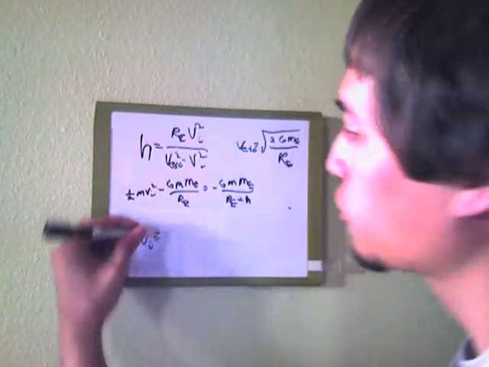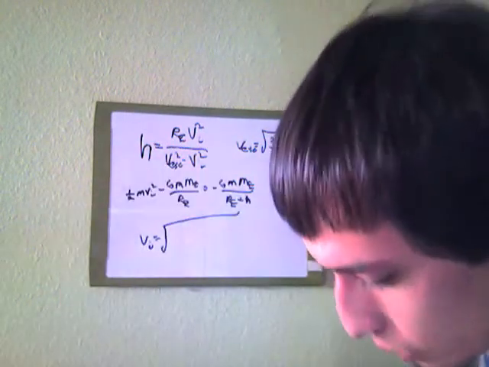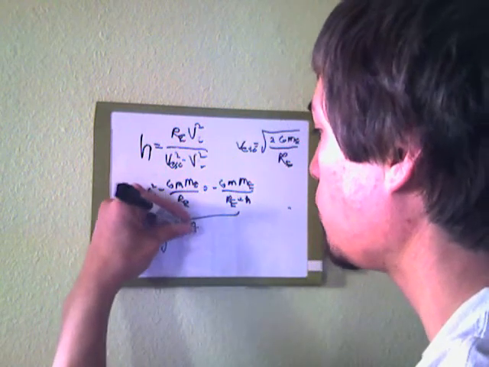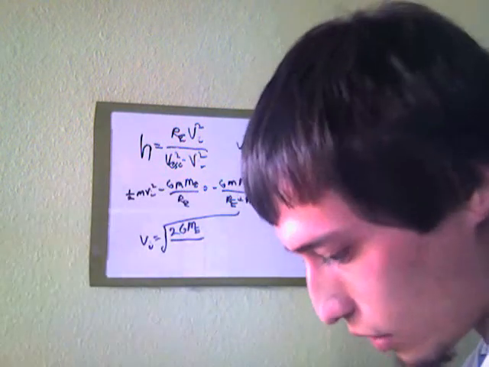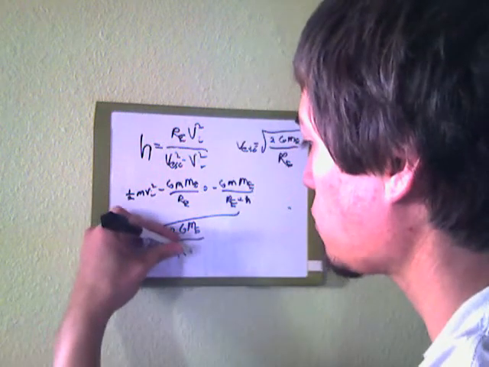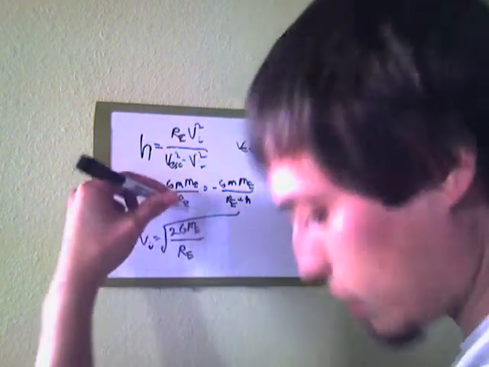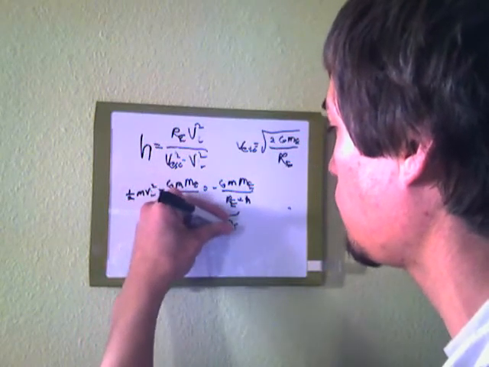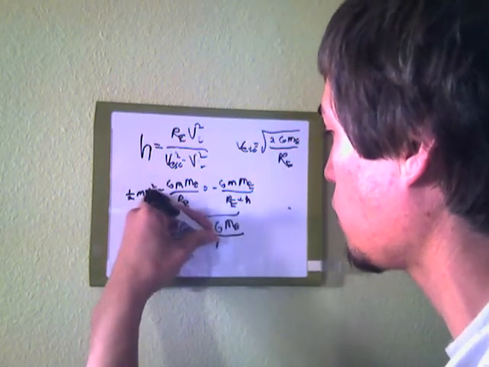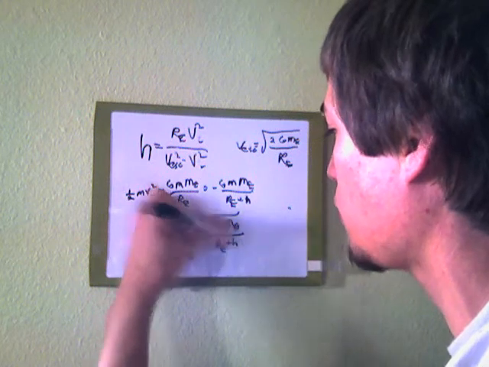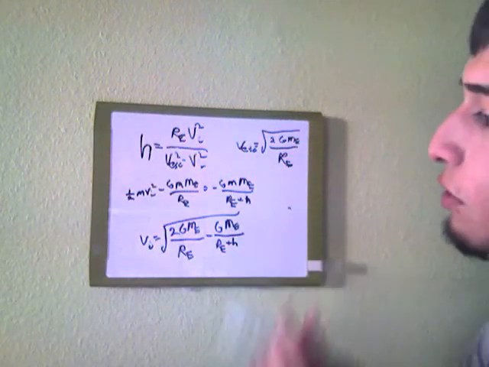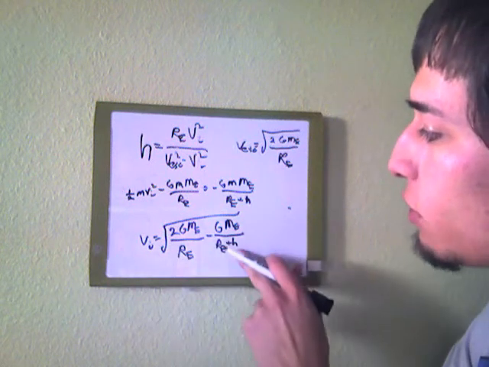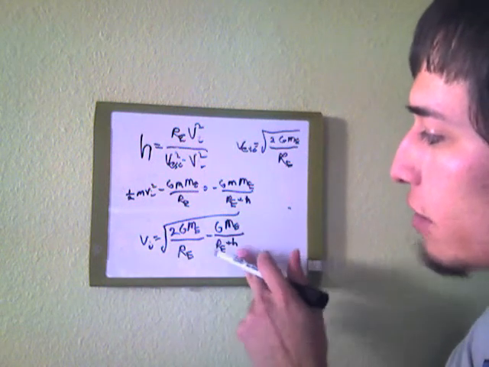The equation for that, actually, once you solve for it, it's just some simple algebra. You get 2GMe divided by the radius of the Earth, and that is subtracted by GMe divided by Re plus h. So you plug in all the values for that, because, I mean, most of these are constant anyway. The only one they give you, which is now a constant, is h.